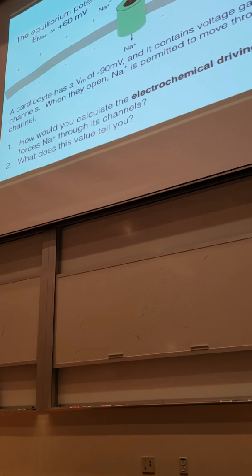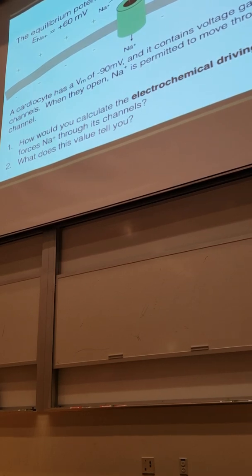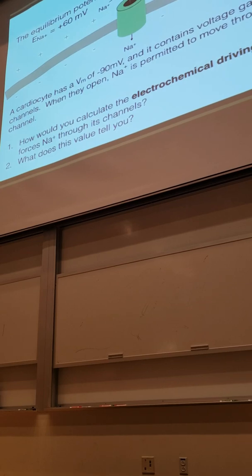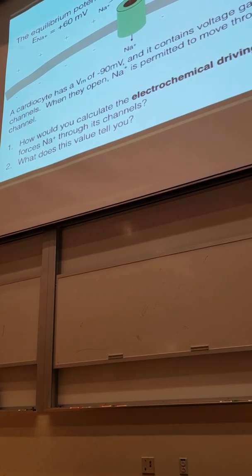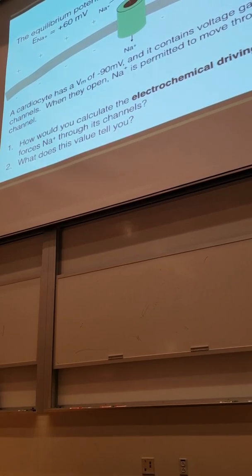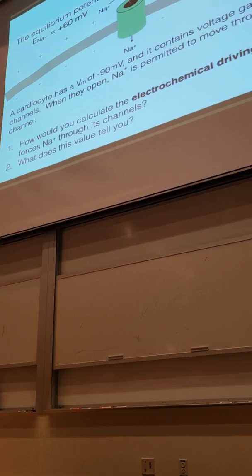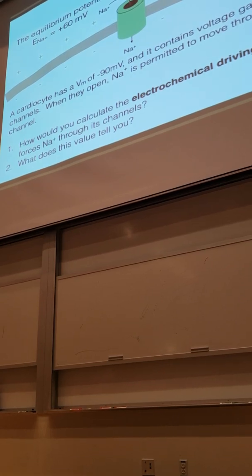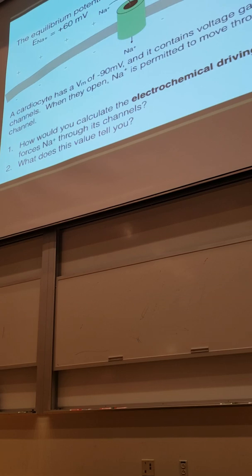If we had an electrochemical driving force of 3, you're going to get a very small, weak movement of ions. So the stronger this electrochemical driving force, the more forcefully those ions are pushed in. It's a mathematical way of looking at both the chemical and electrical forces together, describing where the ions are going to move and with what force.